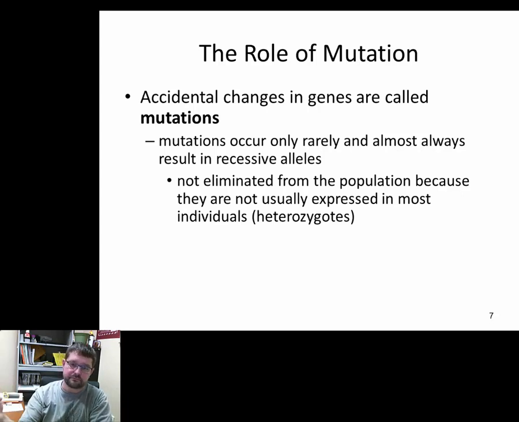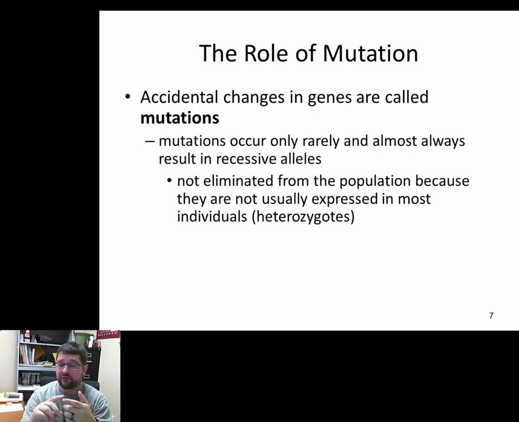whatsoever. Okay? Now, scientists have been interested for a long time in why some of the harmful disorders and diseases out there still persist and still exist today, even though through evolutionary time for humans, we should have got rid of them.